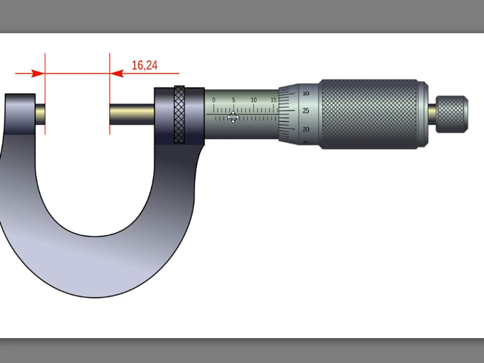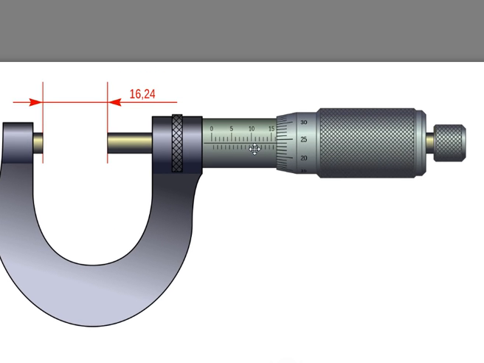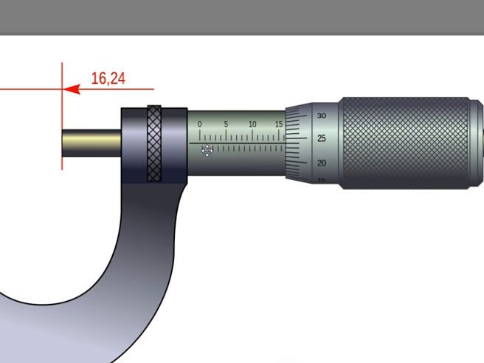Now here also we have the same formula to take the reading: main scale reading plus vernier scale reading into least count. So first of all we will find out the least count of this instrument. Least count is equal to the smallest division on the main scale divided by the total number of divisions on the vernier scale.